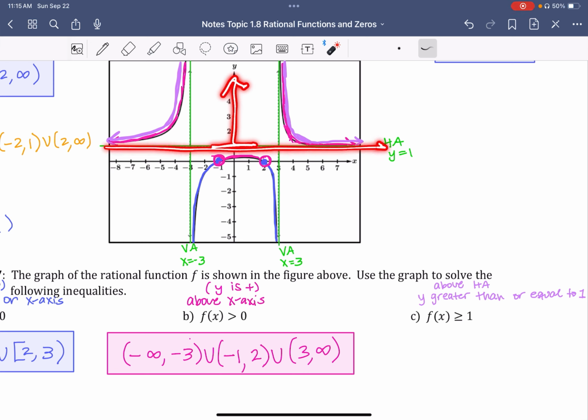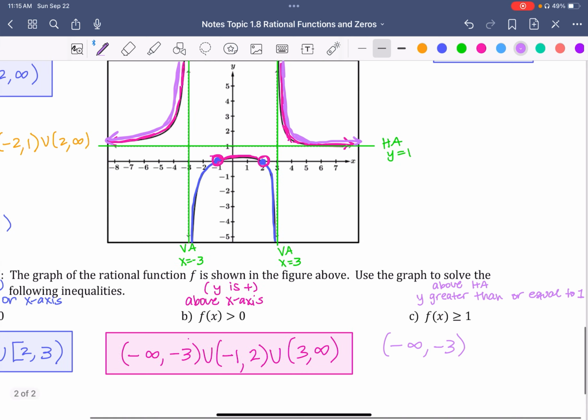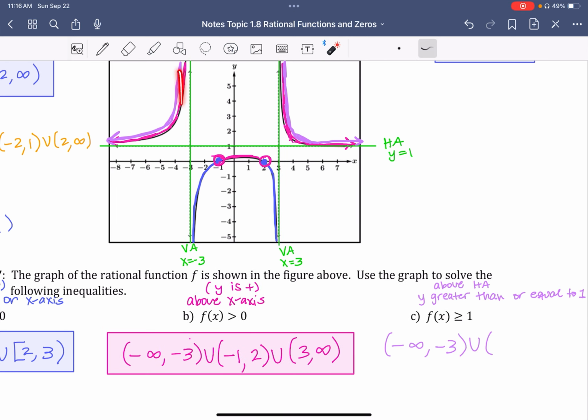So all the way to the left, we start at negative infinity. We are again bound by that vertical asymptote at -3 with a parentheses, union, and the next time I have purple is over here. Remember, we are not including this part. We start again after the vertical asymptote at +3, and then the graph keeps going on to positive infinity.